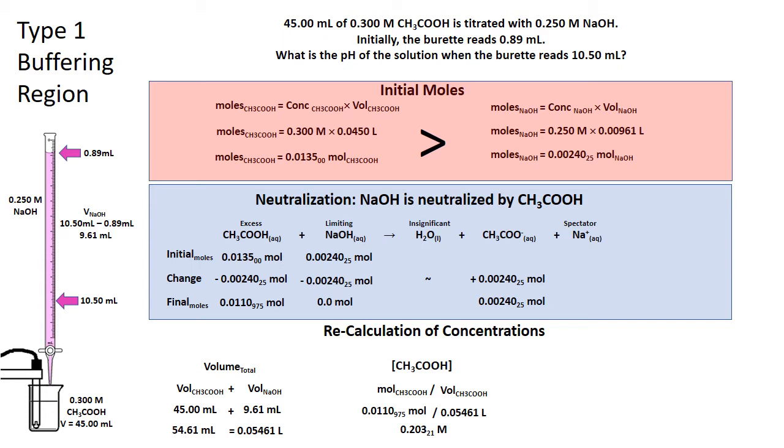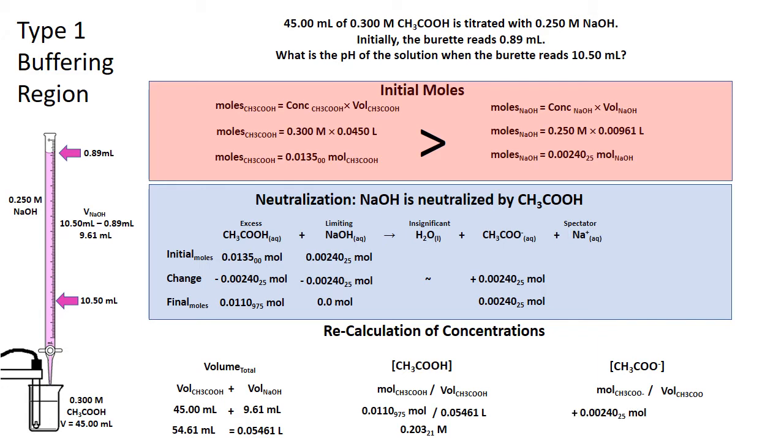But wait, there's more, because in neutralizing the acetic acid, we also generated acetate ions, and knowing their concentration is important as well. And so we calculate that in the very same way. We use the moles of acetate ion and divide by the new total volume of the solution, which we already have for the acetic acid.